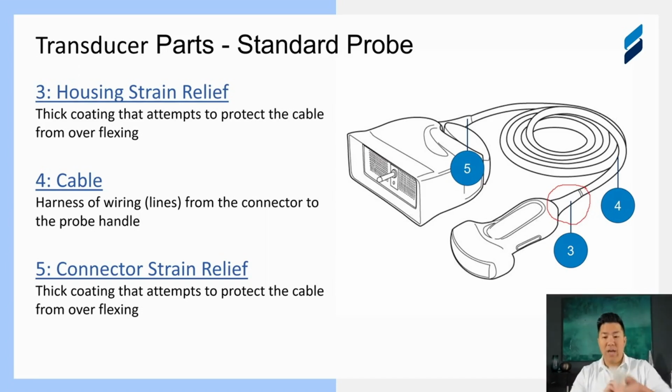If you have a transducer like this, it prevents the cable from overfolding, especially when in use, to protect the wires on the inside of that cable that eventually go to the crystal and all the way down to the connector. To appreciate how fine these wires are, I have an example here where you can see these wires, and in this particular case, they go down to 42 gauge.